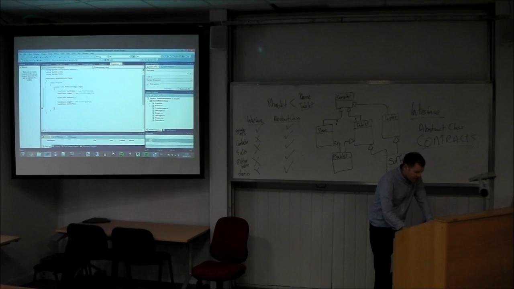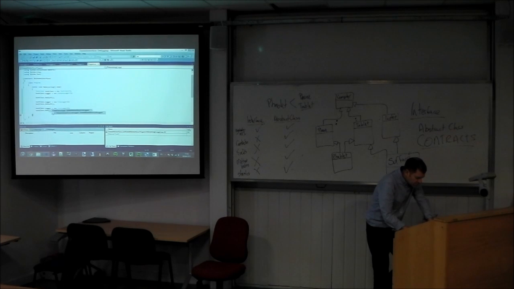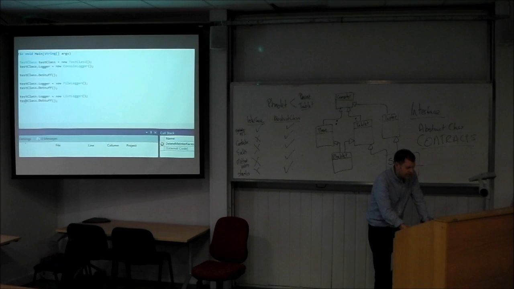So over here, I could set the logger to be the list logger. And when I get to here, if I hover over the logger here, I should see that I've got 110 messages, and there's all the messages stored in a list now.